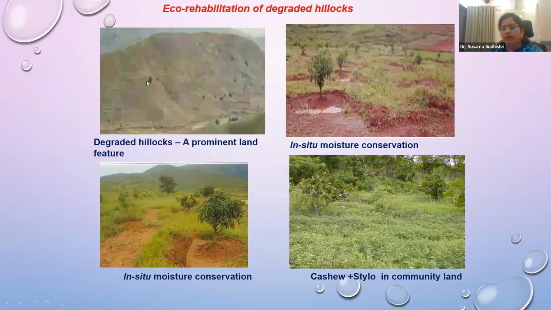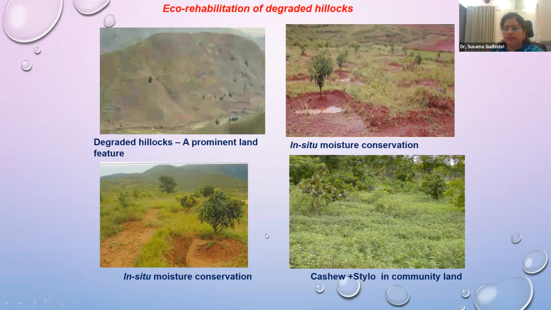You can see here that in the catchment there are three slopes: upper slope, medium slope, and lower slope. On the upper slope, it is dependent only on rainfall, with no other source. The big problem here is that this is the upper part of the catchment of the Upper Kolab Reservoir. This is denoted here.